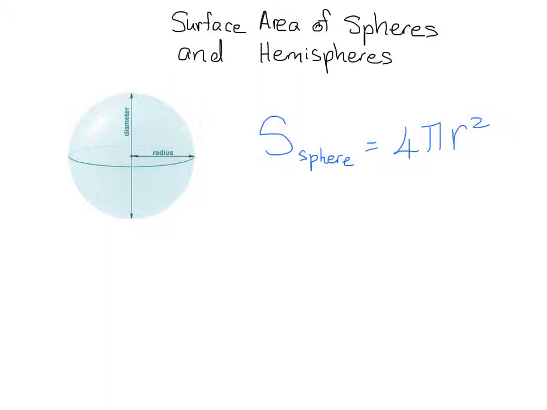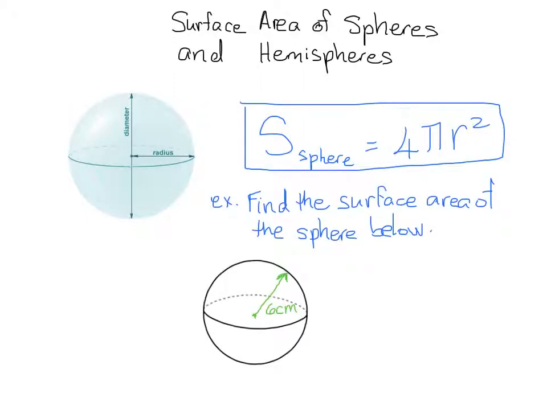Alright, so now that we know how to find the surface area of a sphere, let's go ahead and try an example. Okay, so here we have a sphere, and as you can see, the radius is 6 centimeters. So in order to figure out the surface area of our sphere, we're going to substitute into our formula, and we get 4 pi r squared, which is 4 pi times 6 squared.